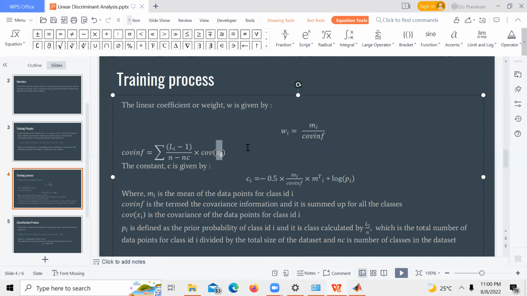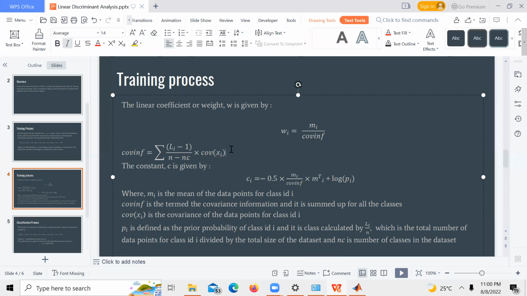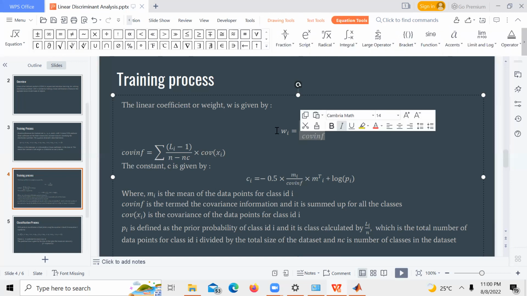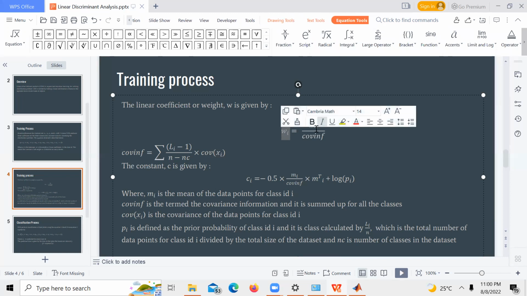So the covariance matrix is like the subset data I've extracted for that particular class. So I'll extract for a particular class, then I'll get the covariance matrix. I'll multiply this for a particular class, then I keep on summing it up for all the classes. Then I have this covariance information. Then from there, I can find the weight for a particular class. So I do that for different classes.